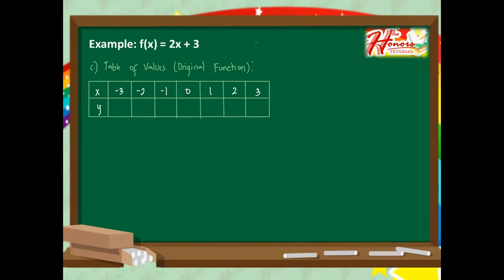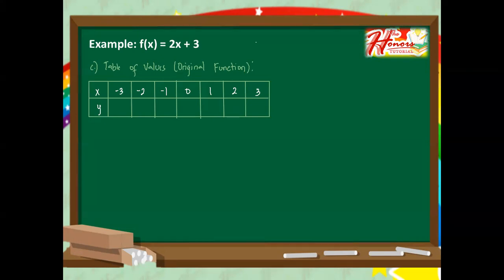So it is up to you. If you want to use numbers up to negative 5 and up to positive 5, it's fine. As long as it will benefit you and at the end, your graph is still the same and the values of y is correct.